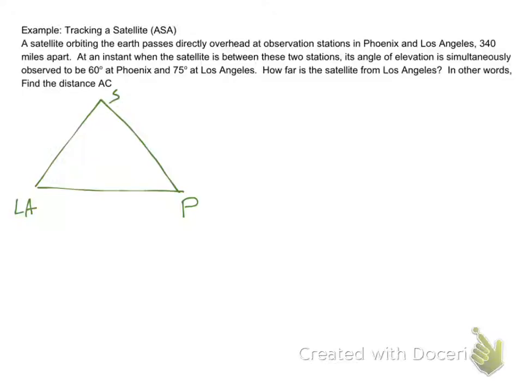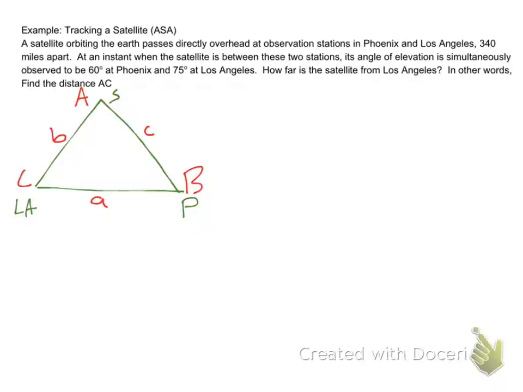So this distance, which is the side from the satellite to Los Angeles, one of them has to be an A and the other one has to be a C. That means Phoenix is at B. It really doesn't matter, but since they're saying A to C here, and they're saying satellite to Los Angeles, what if I called this A, C, and B? Is everybody okay with that? Just trying to visualize my way through this, which then means this is B, this is little c, and this is little a.